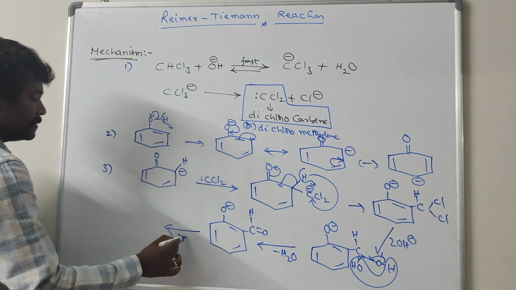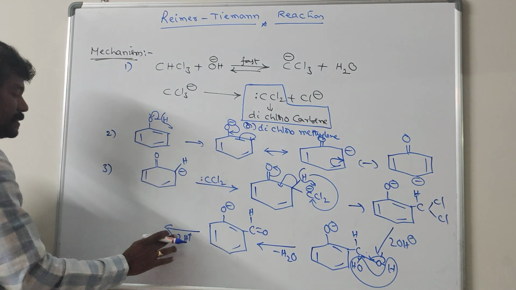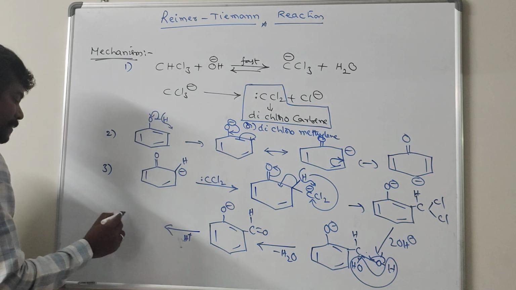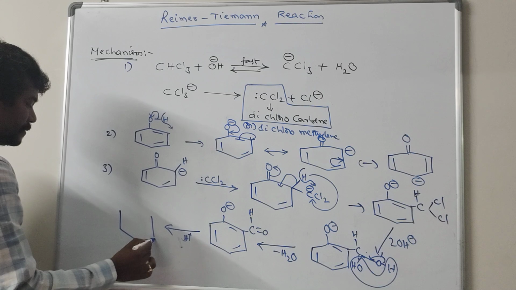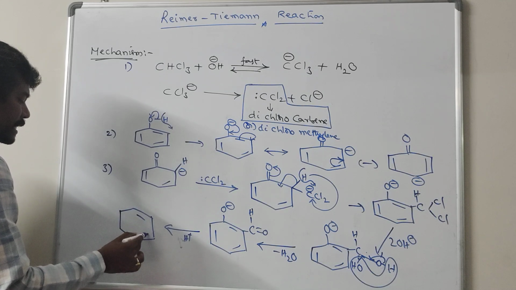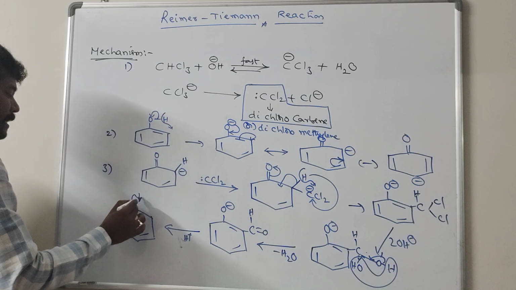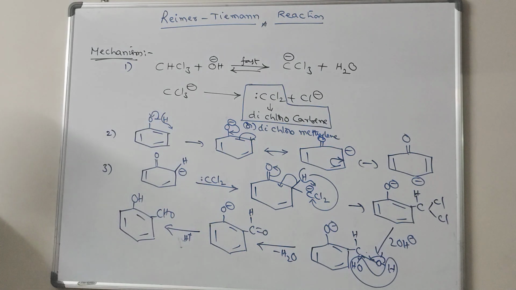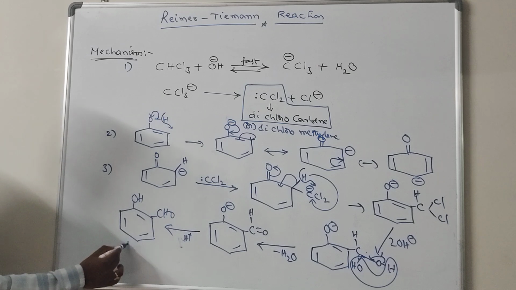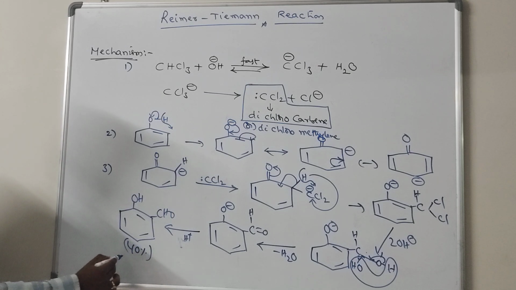Then acidification takes place; the H plus ion attacks O minus, and we get ortho-hydroxybenzaldehyde. This is the 40% yield.